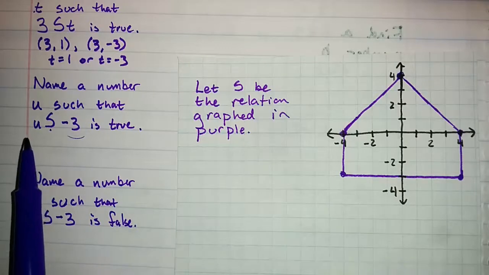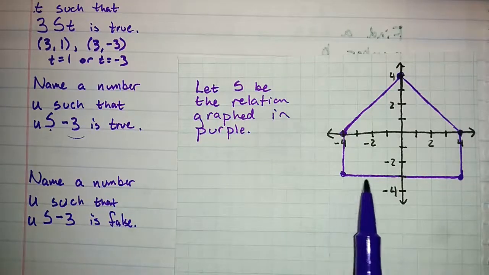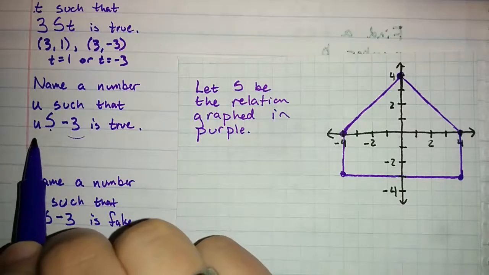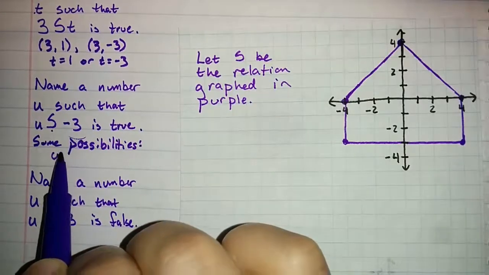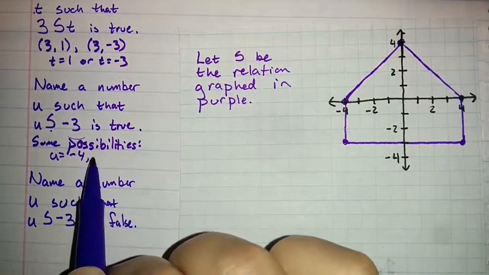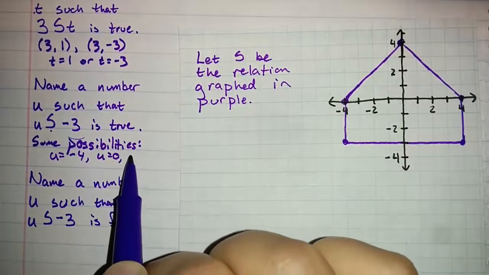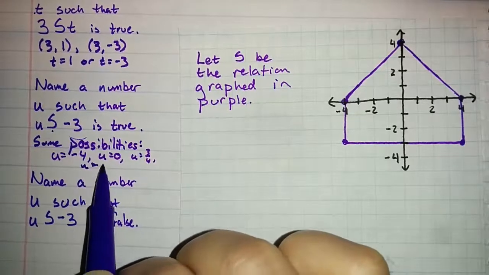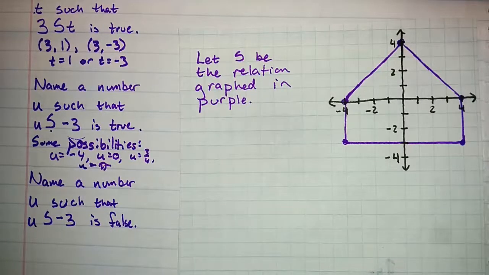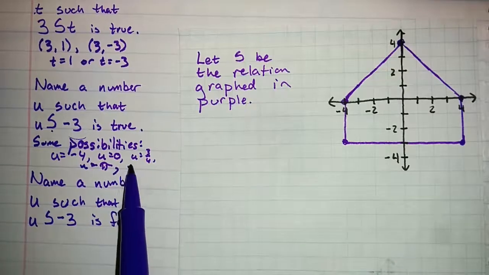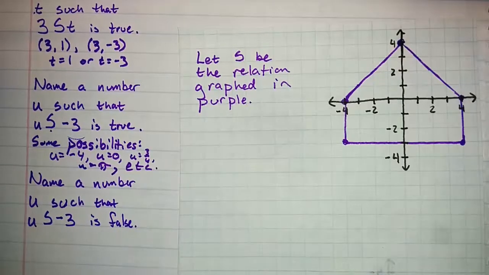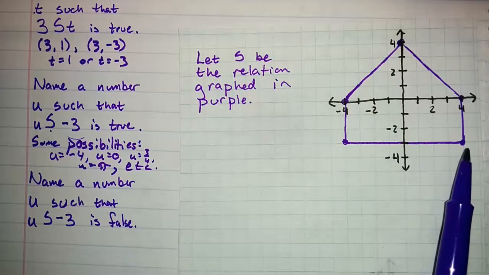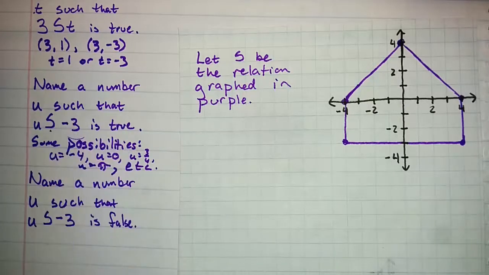So any number we name for u that's between negative 4 and 4 will work. Some possibilities: u equals negative 4, u equals 0, u equals 3/4, u equals pi, right? Pi is a number between 3 and 4, etc. Any number we might pick that's between negative 4 and 4 will answer this question.